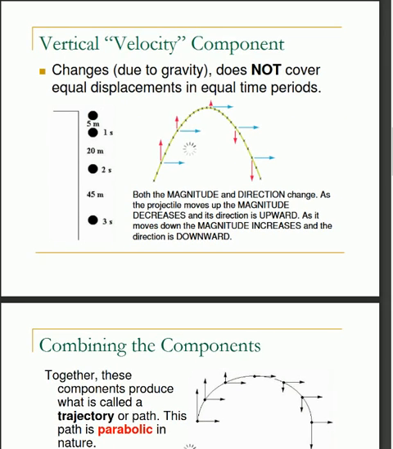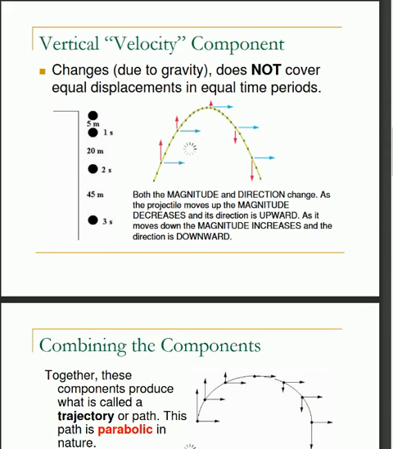Now, vertical velocity components change due to gravitational force because the vertical components move in the opposite direction or in the same direction as gravitational force, and that's why gravitational force has a great effect on them. They change due to gravity and do not cover equal displacement in equal time.